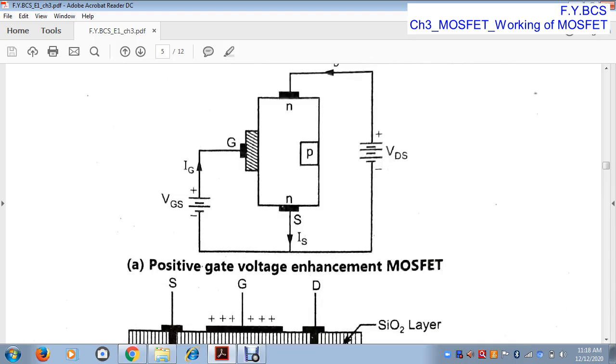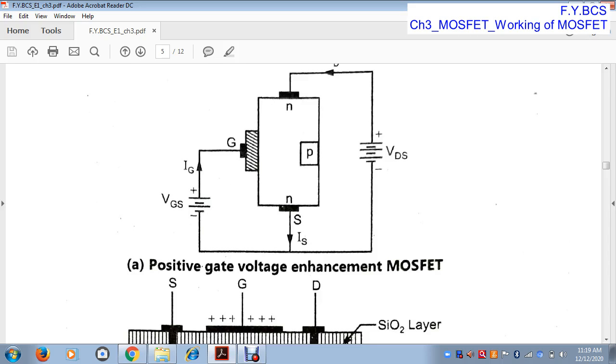So here the gate becomes positive. If the gate becomes positive, then it repels the positive charge and attracts the negative charge, because opposite charges attract each other. Why is there positive charge at the gate?